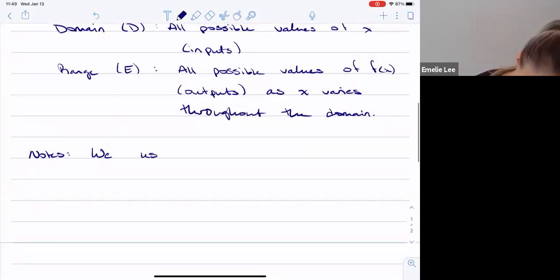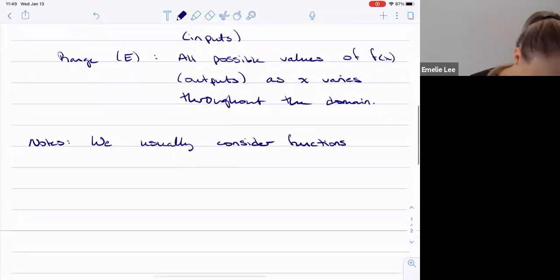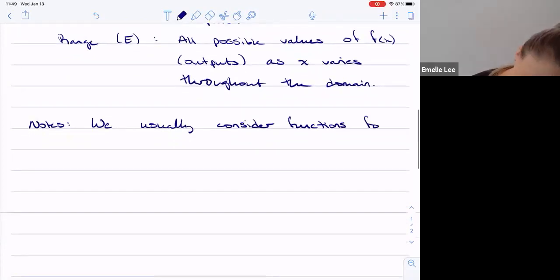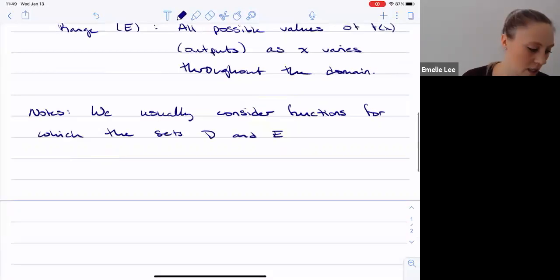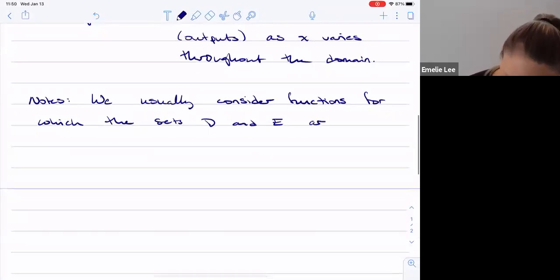But we usually consider functions for which the sets D and E, the domain and range, are sets of real numbers.